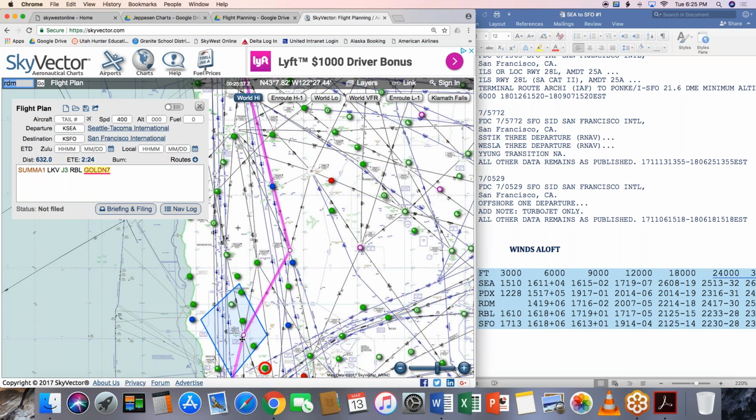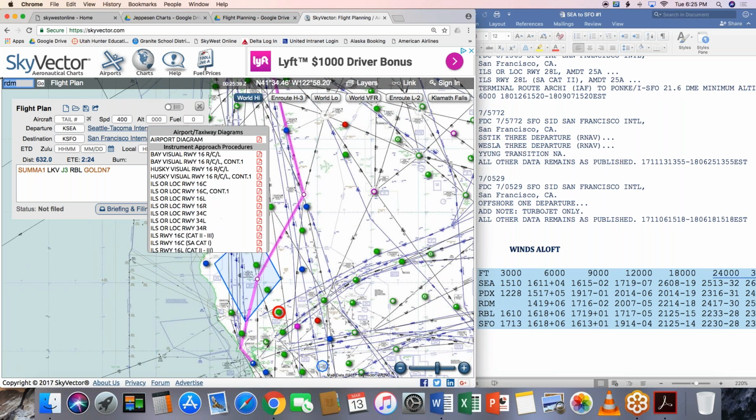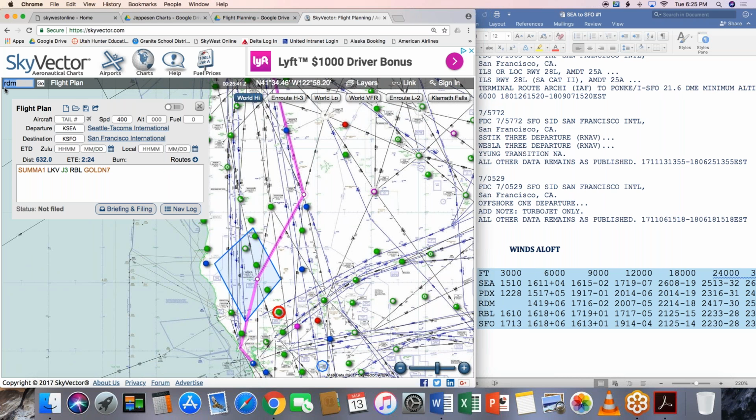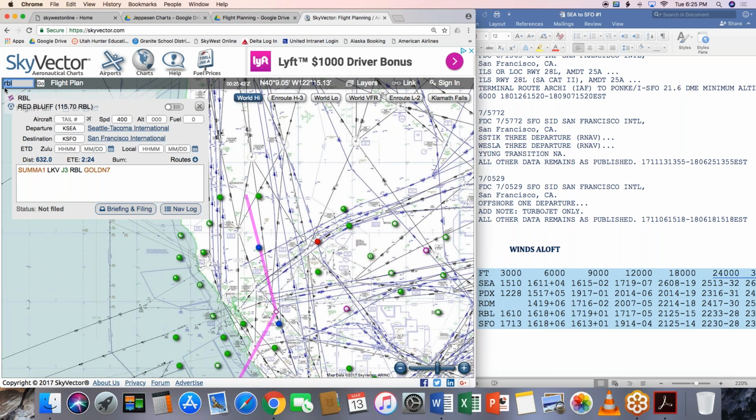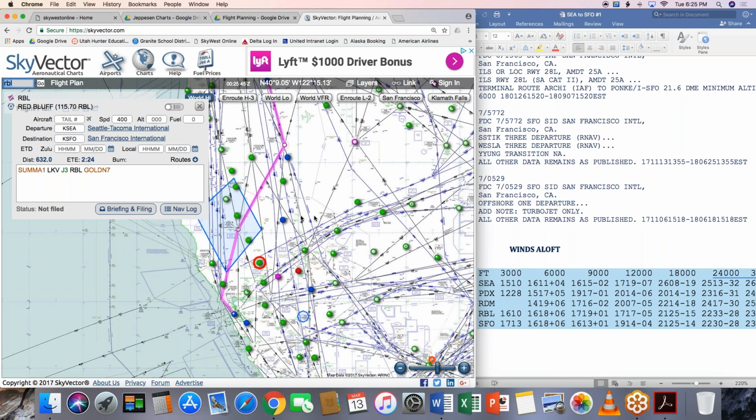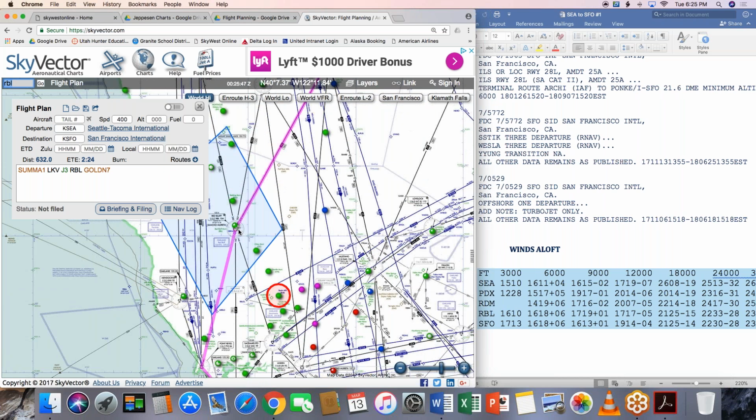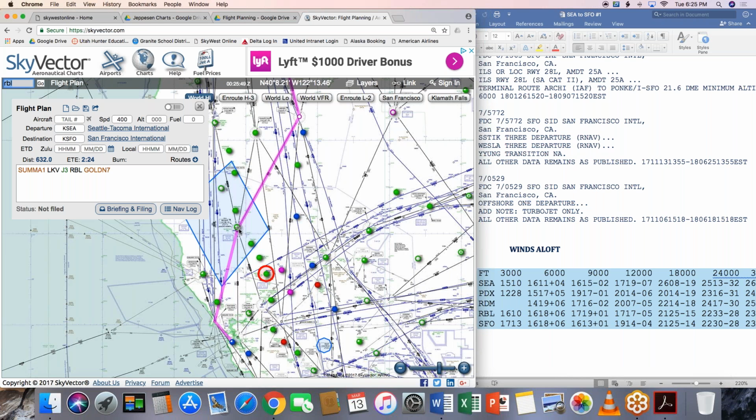And then Red Bluff. Let's see where Red Bluff is. RBL. So Red Bluff is right there. That's going to be pretty close to our top of descent, huh? In fact, it is our transition point.